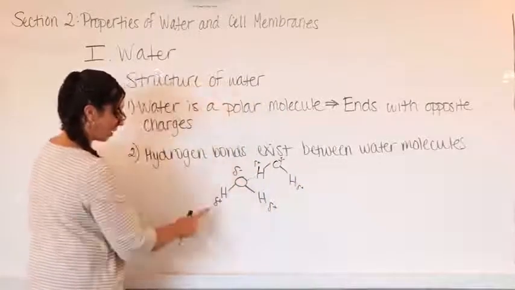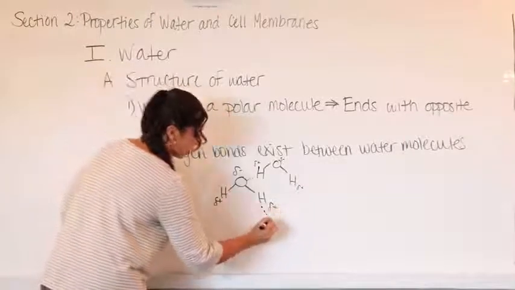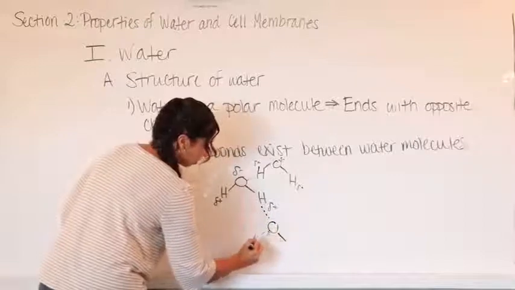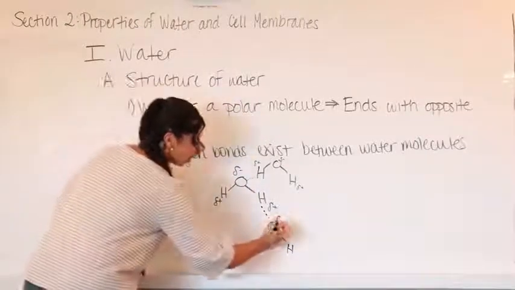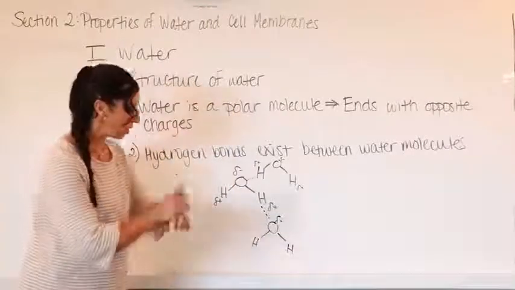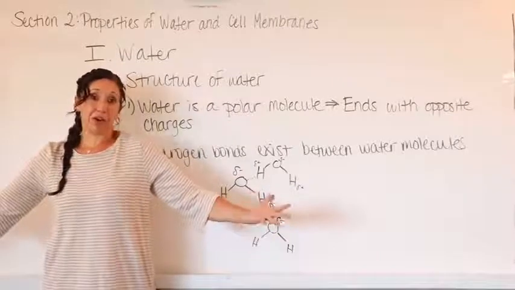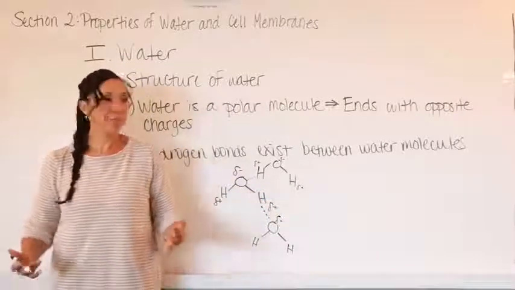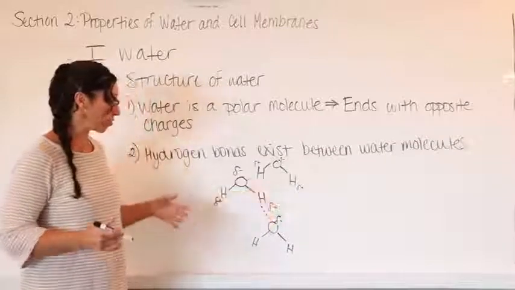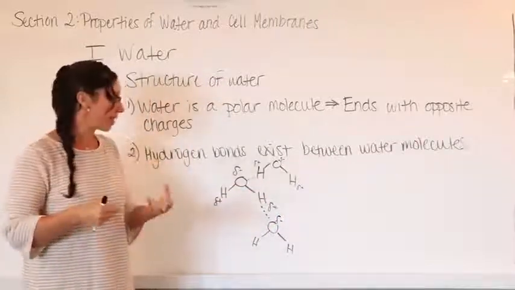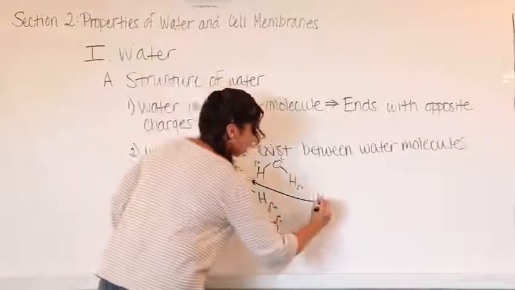These partial positives on the hydrogens are going to be attracted to another nearby water molecule, specifically the oxygen side, because the oxygen is partially negative. You can keep this going out until you have a huge web of water, or, I don't know, the ocean, if you want to go there, because that's how water works. It actually is attracted to itself through these intermolecular forces that are keeping it together. So this right here, that is a hydrogen bond.